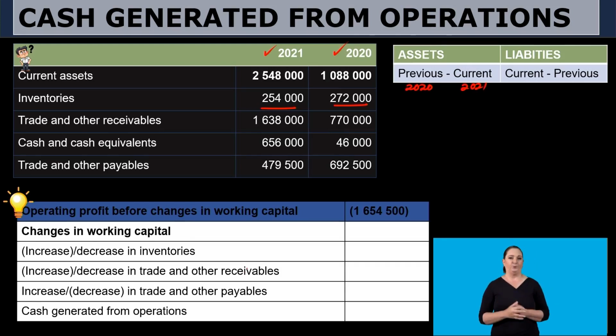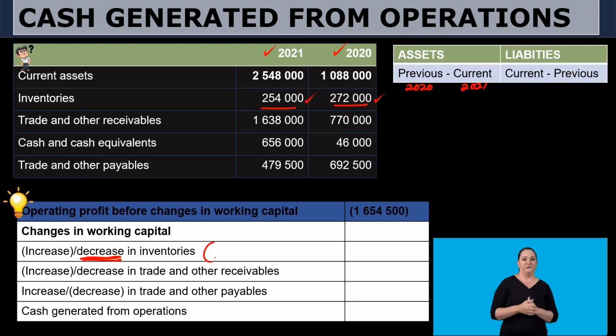Okay, let's see. If we come here, on our changes in working capital, on inventory, we can see here that this is a decrease from 272 to 254. Other papers will say underline the correct answer. So you underline decrease. It is a decrease in inventory.